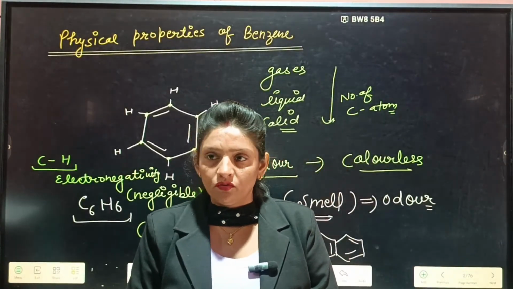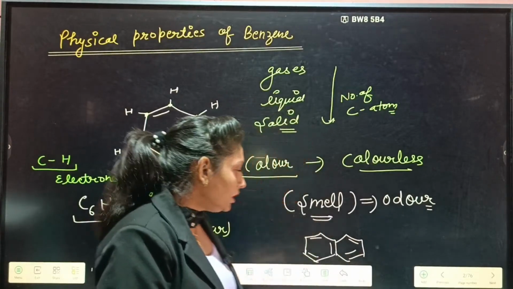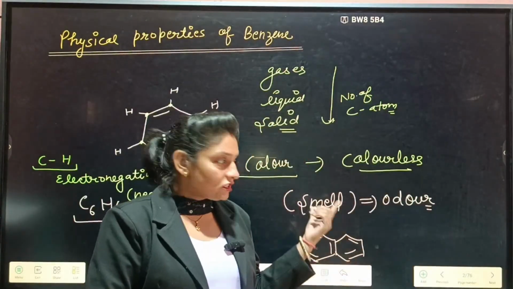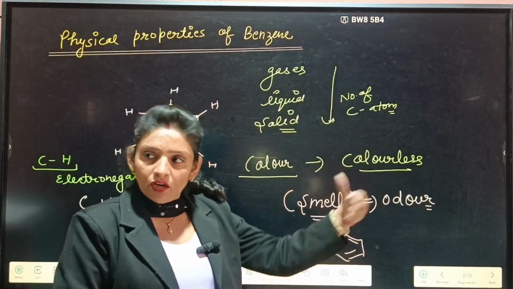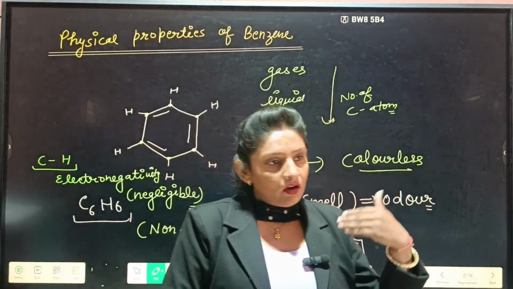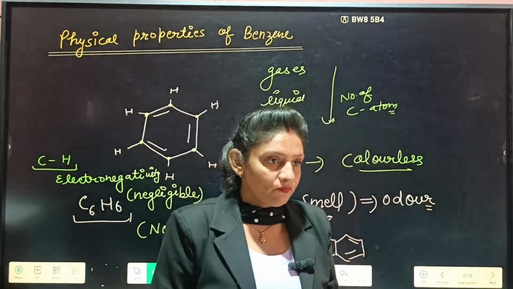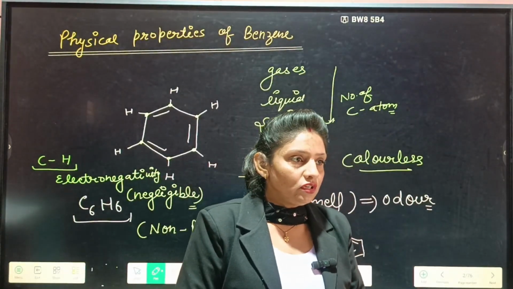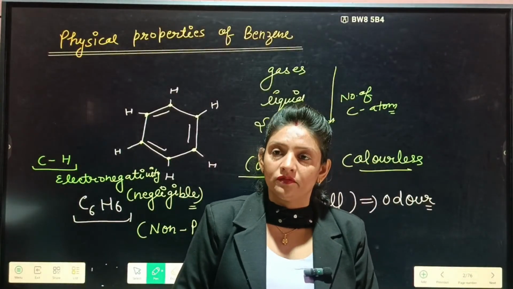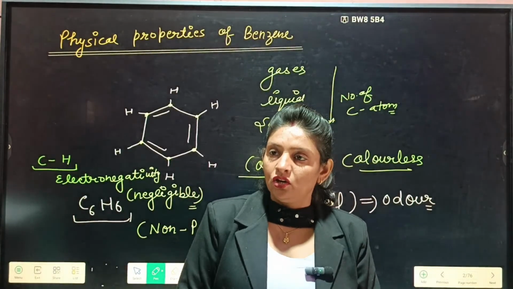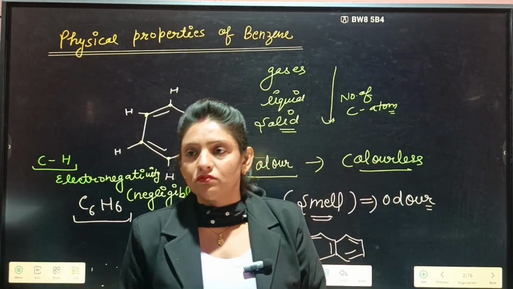Yes or not? Yes, we do. Why? Because naphthalene has a smell. Due to that smell, insects do not come closer to those balls. Clear or not? So insects will not enter there, and we can protect clothes from insects and germs.